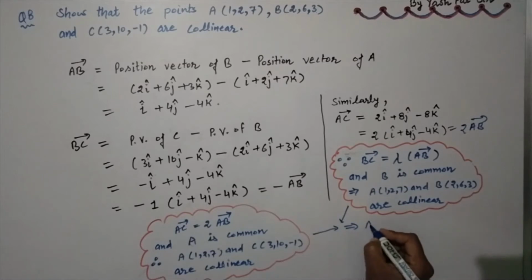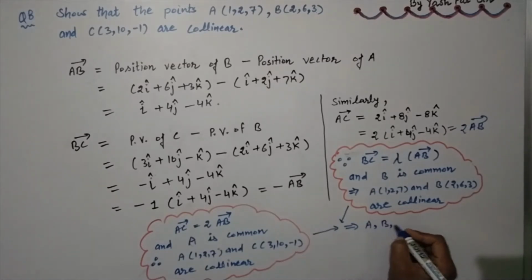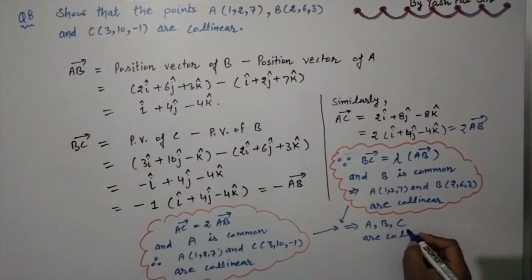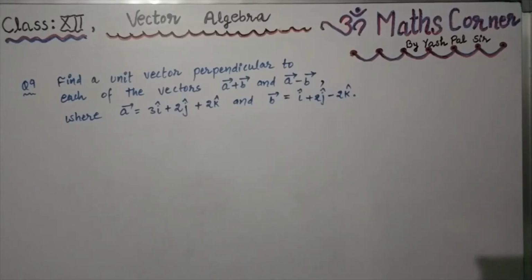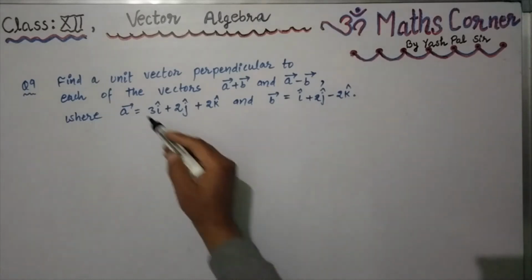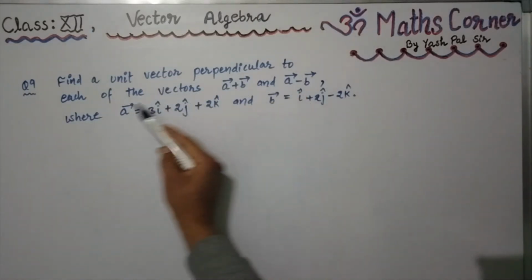Now combining these two results implies points A, B, C are collinear. Okay, hence the result. Now next question.